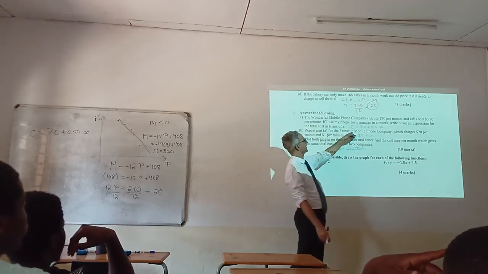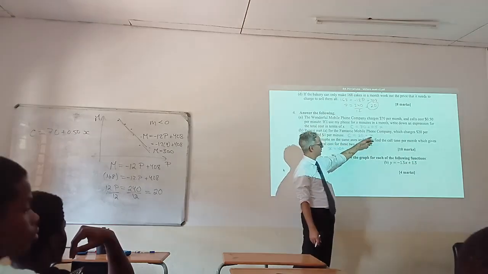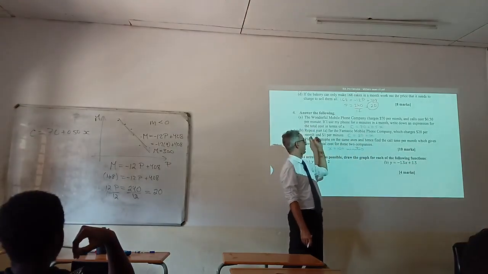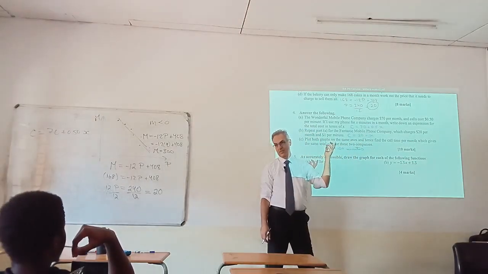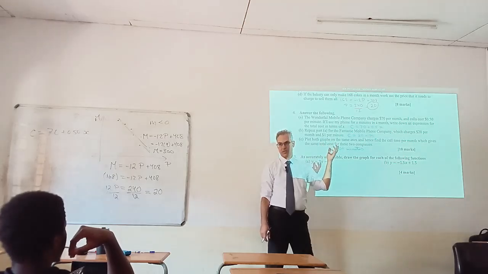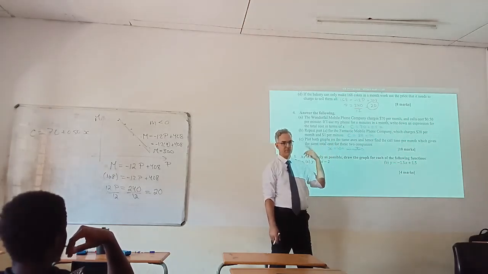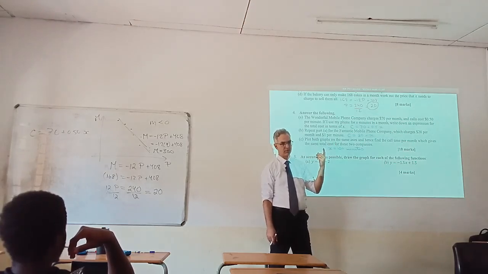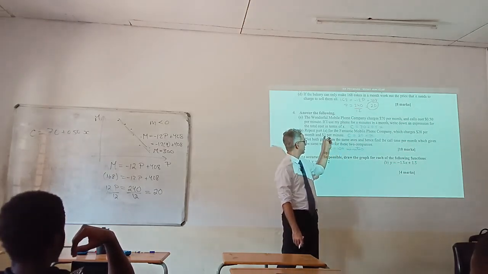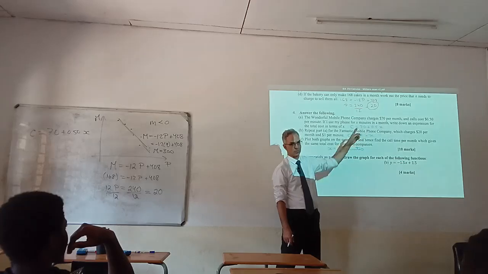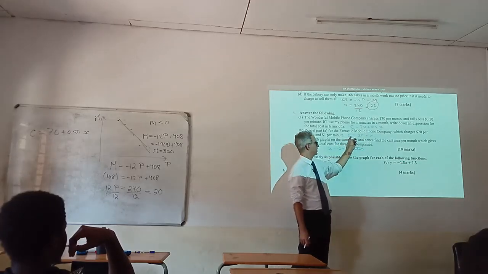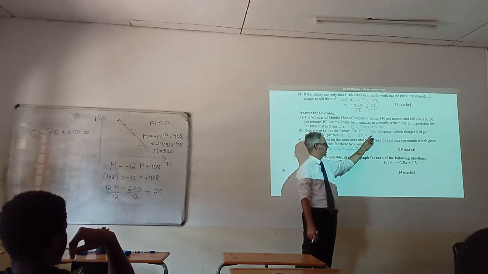For the fantastic mobile phone company, this one charges $20 per month. That's much better. Instead of 70, only 20. But for every minute you call, it costs more. Now it costs $1 per minute instead of half a dollar per minute. So the expression is C equals 20 plus 1 times X.